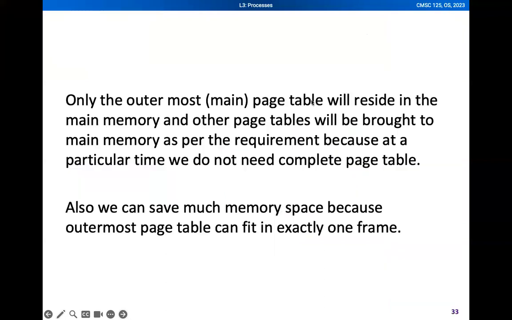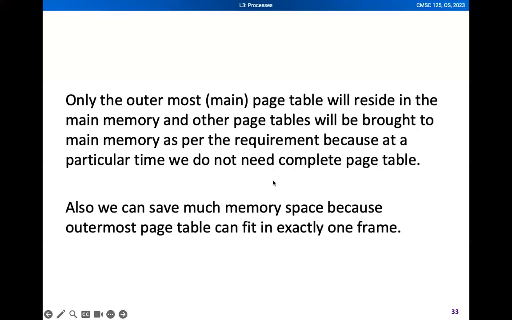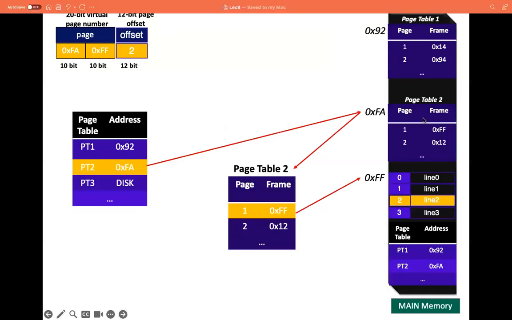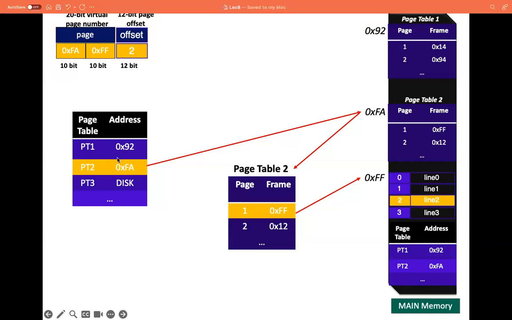Okay? Now, only the outermost main table will reside in the main memory, and the other page tables will be brought to main memory as per the requirement, because at a particular time, we do not need a complete page table. So if we go back here, if we don't need page table 2 anymore, we take it out of the main memory and put it in the secondary memory. But we still have access to page table 2 since it is indexed here.